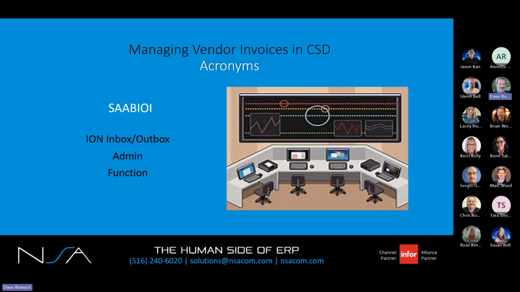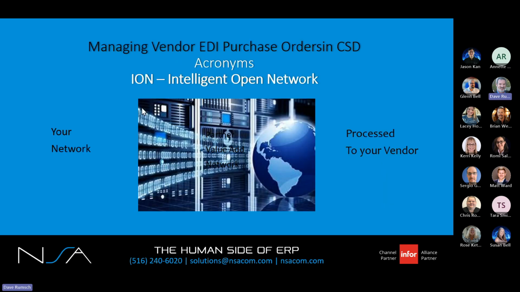It's the ION Inbox Outbox function, and that's where you would determine whether the purchase order actually got printed properly to the ION system and transmitted to your partners. And then ION is the third one, and that stands for Intelligent Open Network. So it's going to take transactions from our network, process them through the system using ION, and send those eventually to your vendor partner.